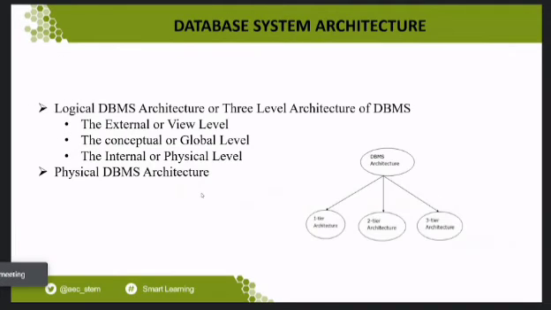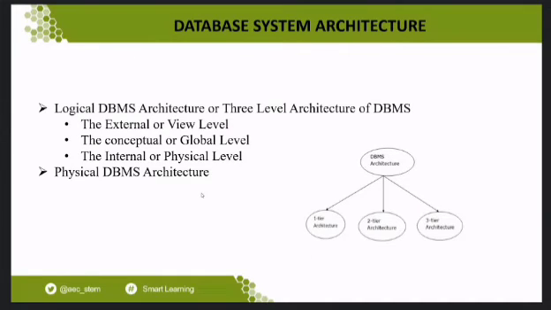Next slide. Database system architecture. Database system architecture can be seen as single tier or multi-tier, but logically database architecture is of two types: one tier architecture, two tier architecture, three tier architecture.